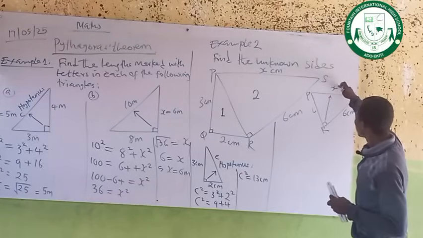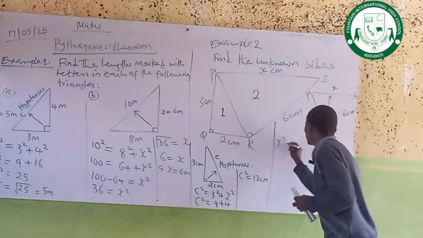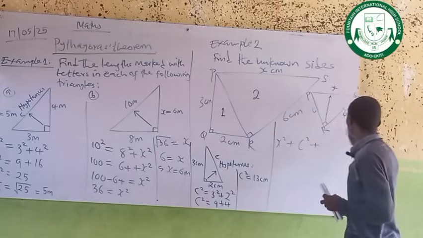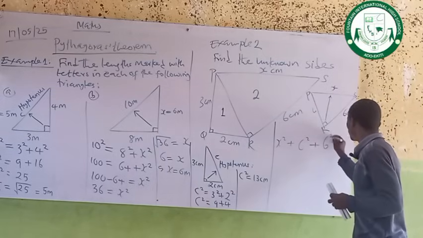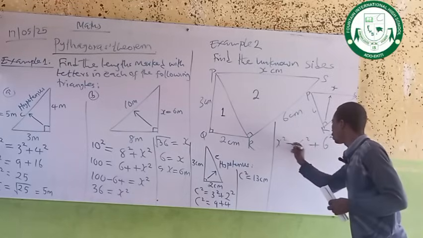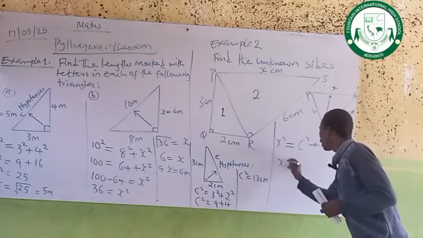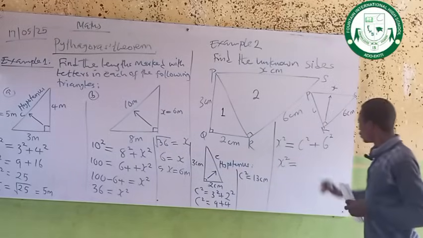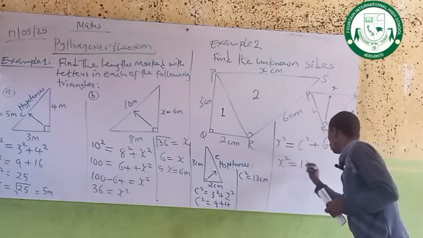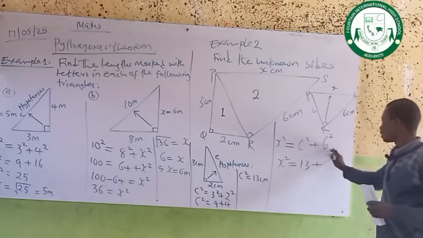Now let's start with x. X is the hypotenuse side. So I will say x squared equals C squared plus 6 squared. Sorry, this place is supposed to be equal sign. So we are going to have x squared equals, we have calculated C squared before to be 13. We just put 13 here. And 6 squared is 6 times 6, which is 36.